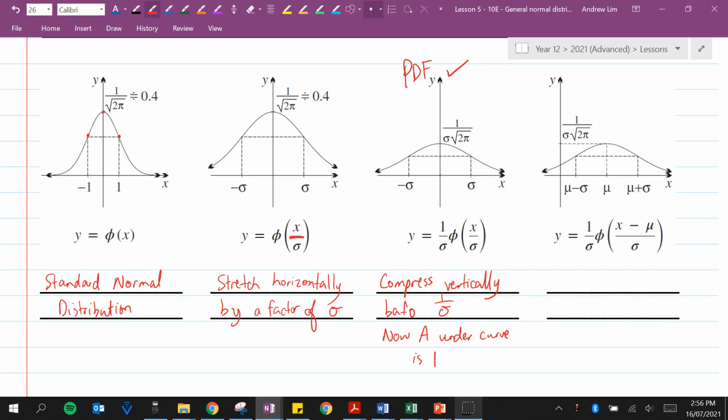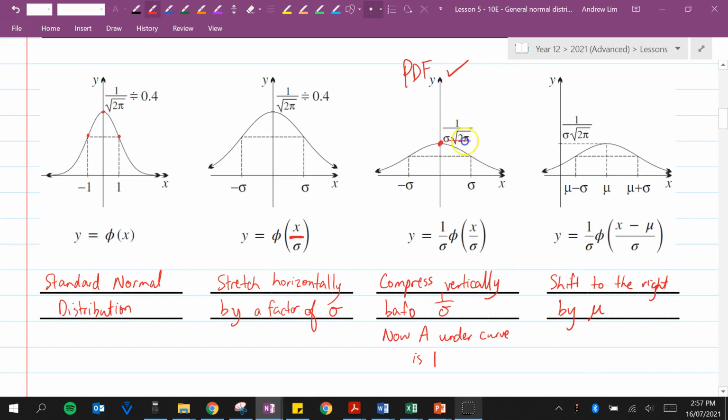So we're going to shift the entire curve to the right by mu, the mean.